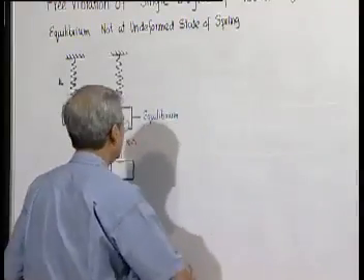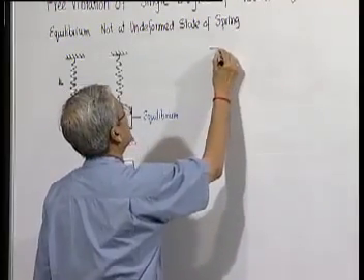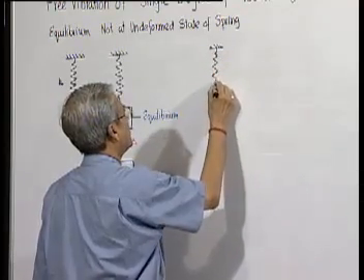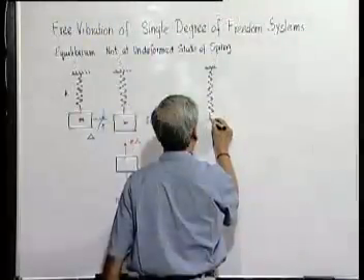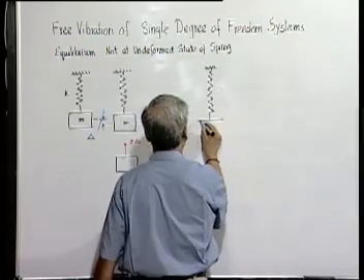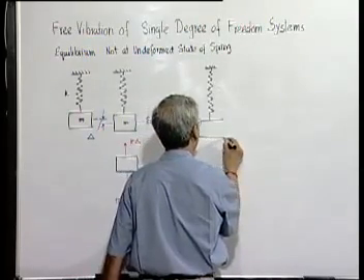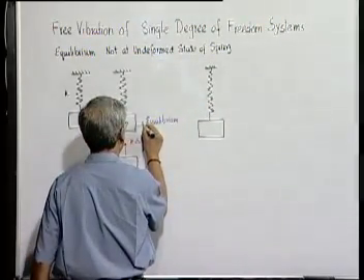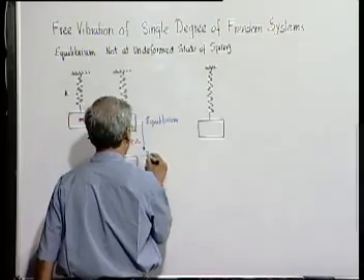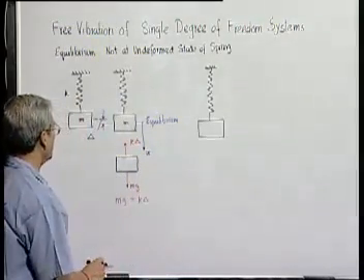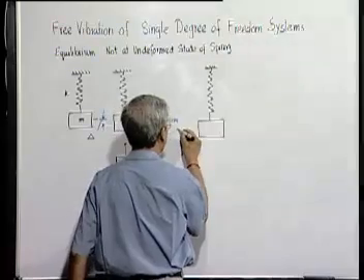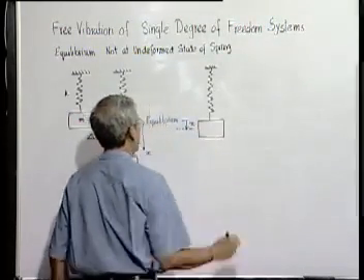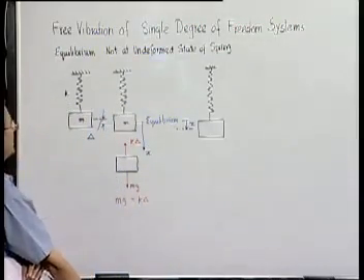Now finally, we give some further deformation or displacement to the mass from its equilibrium position. So if this is the equilibrium position, as mentioned before, we should measure displacement from this position. So this is the instantaneous position, and therefore this must be equal to x, which is measured from the equilibrium position.